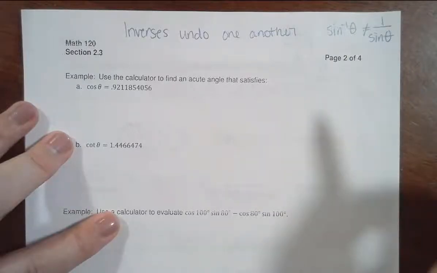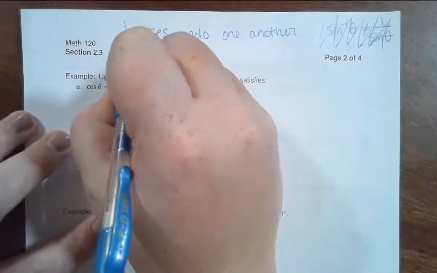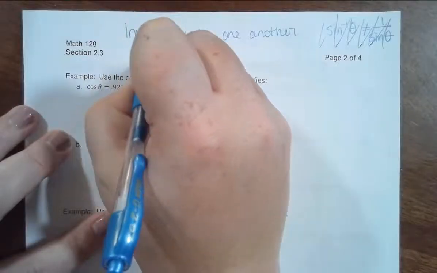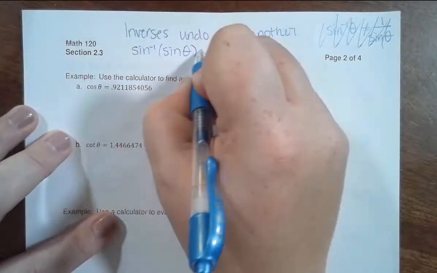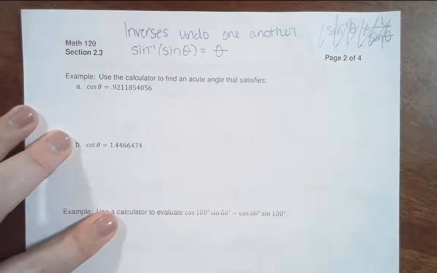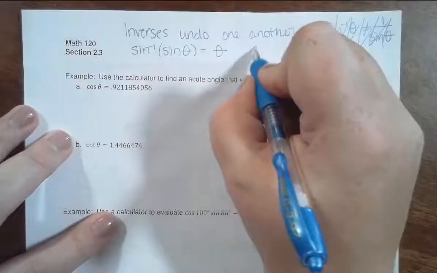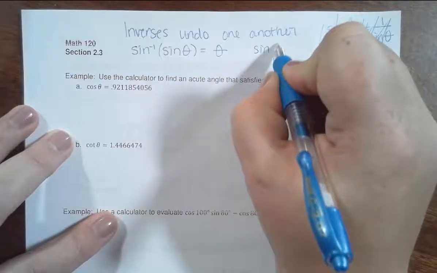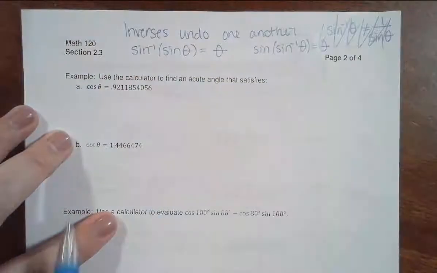Inverses undo one another, meaning if I evaluate sine inverse of sine theta, that just gives me theta, okay? It would be the other way also. If I evaluated sine of sine inverse, that would just give me theta, because a trig function and its inverse cancel each other out.